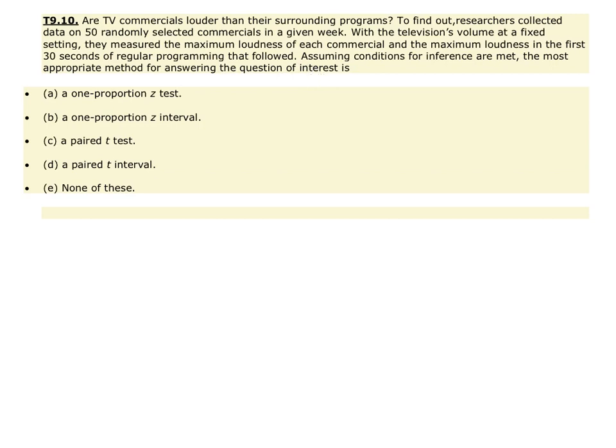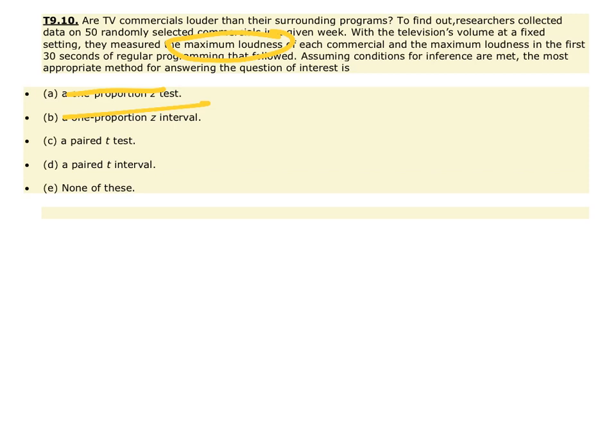Now, the best way to first think about this is proportions or is this means? What they're measuring here is the maximum loudness. Loudness itself would be like a volume in decibels, so it's not a proportion. So basically anything with one proportion could be crossed off. Is it a paired t-test or a paired t-interval? That's the question.